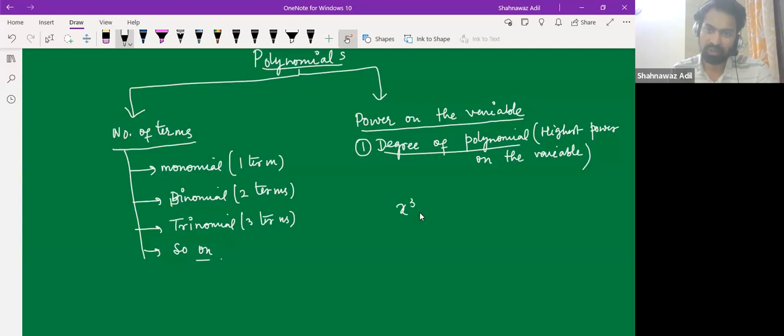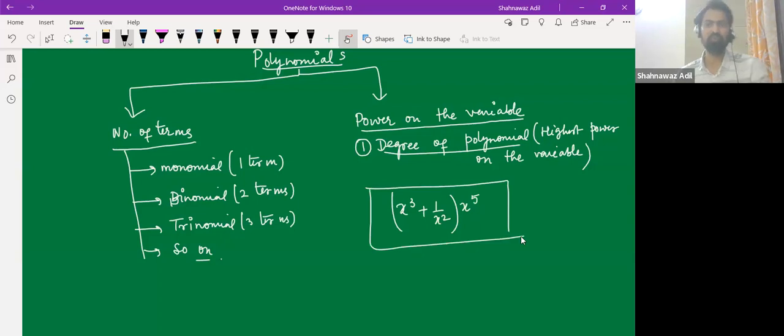So we have this polynomial. Is this a polynomial, guys? Is this a polynomial, and what is the degree of this polynomial, if it is a polynomial?